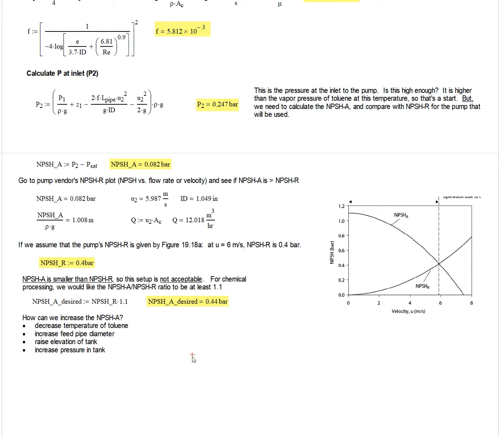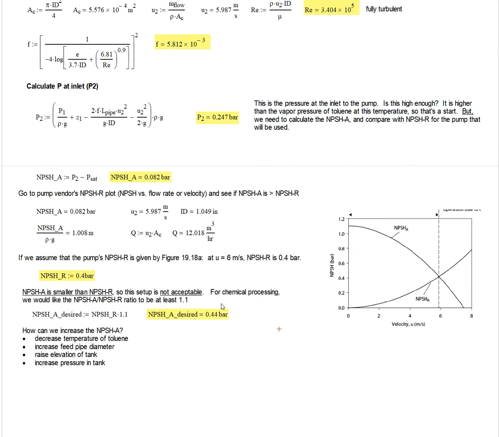This is not acceptable. As your book states, for chemical processing, we generally want the NPSH-A over NPSH-R ratio to be at least 1.1 to give us a little bit of a safety factor. This NPSH-A should be at least 0.44 bar, all right, since NPSH-R is 0.4 bar.